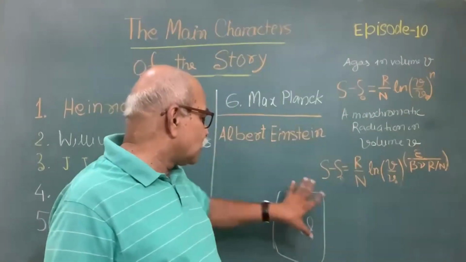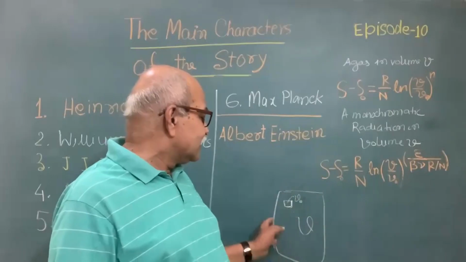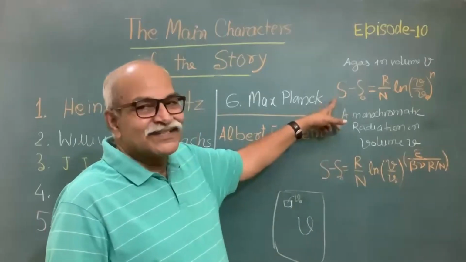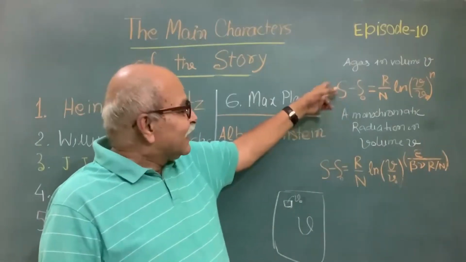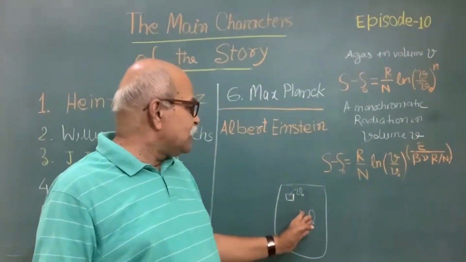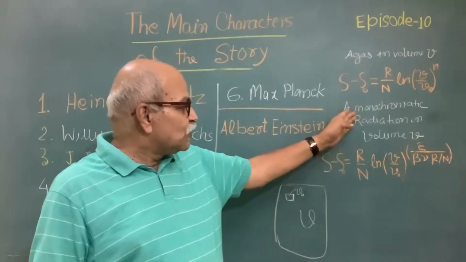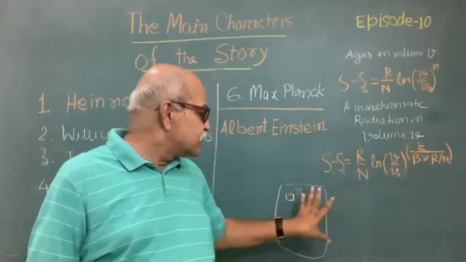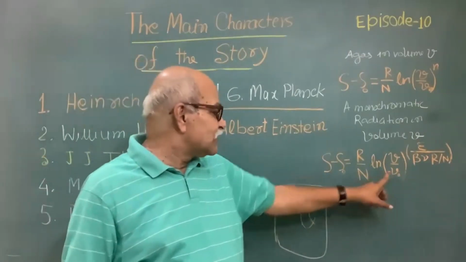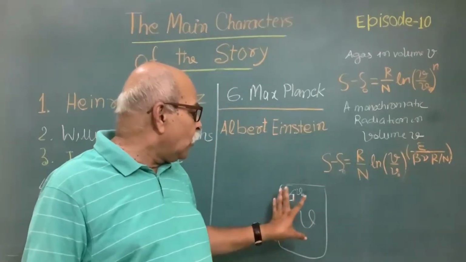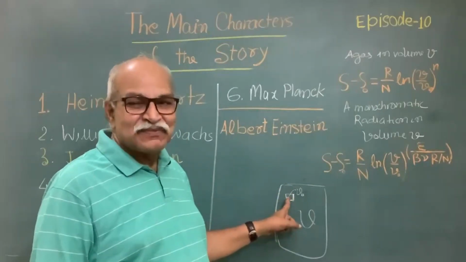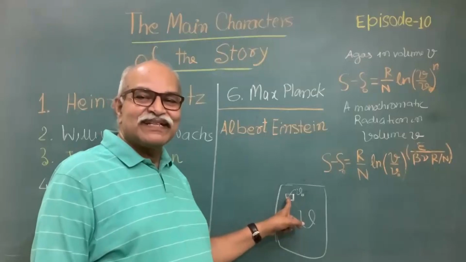And in general, when it is all equilibrium and stable and all the molecules are spread over according to their choice, then the entropy is this S. So this is the meaning of this equation. And this equation, same thing. Again, you have a chamber of volume V, and this monochromatic radiation of frequency nu is spread over this. And the same meanings, this V naught is this small V naught, and suppose all the radiation somehow gets confined into this small V naught, then what will be the entropy?